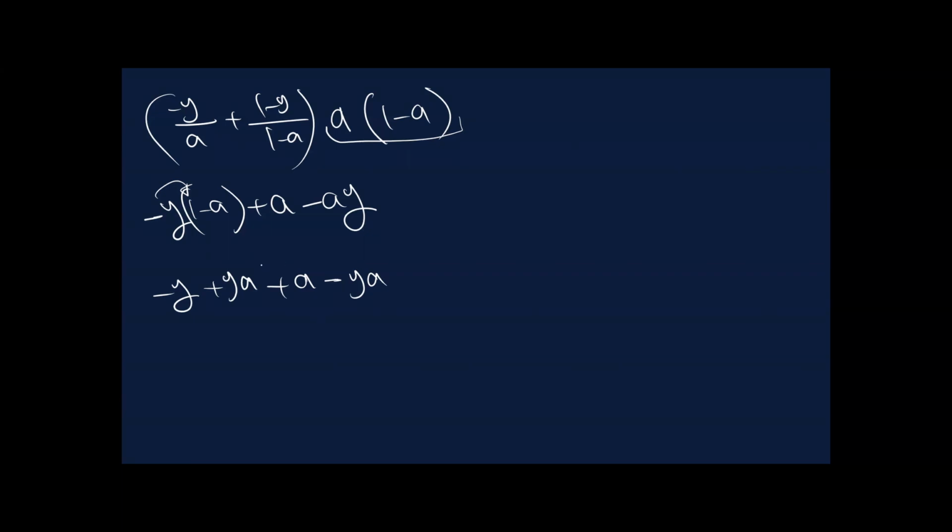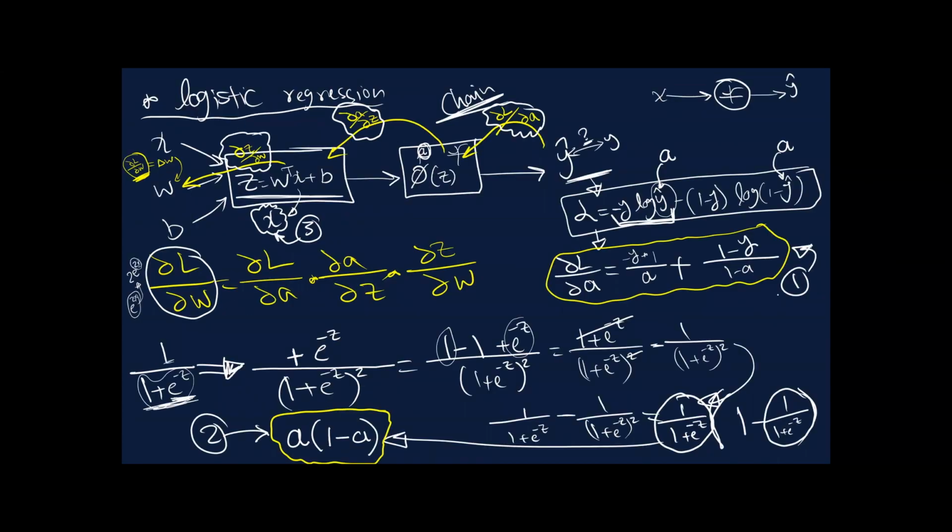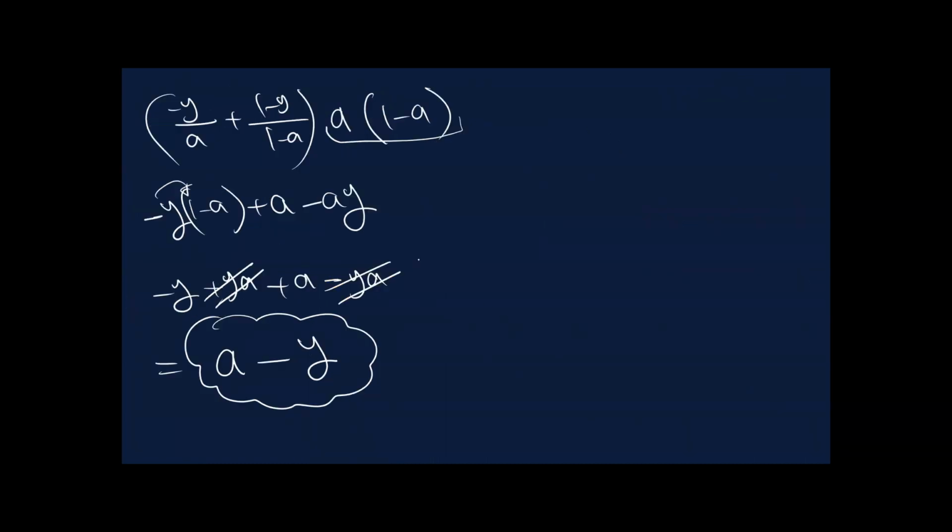And then we can simply remove this with this, then we will have a minus y. So this is the multiplication of the first derivative with the second derivative. You see, things are getting more simple, right? Getting really simpler. So that's the multiplication of them.